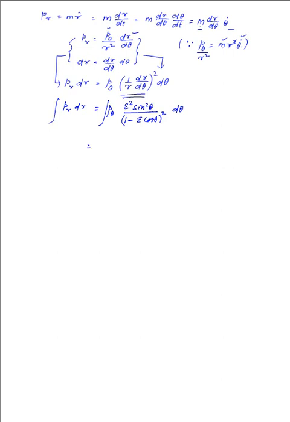For the right hand side, p theta can go out of the integral, and this is from 0 to 2 pi, e square sine square theta d theta divided by 1 minus e cos theta whole squared, and this will be equal to nr times h.